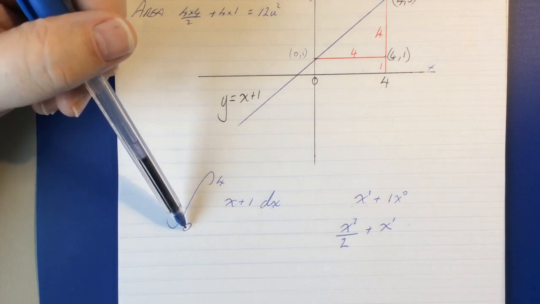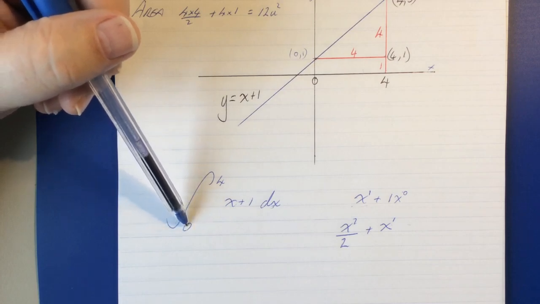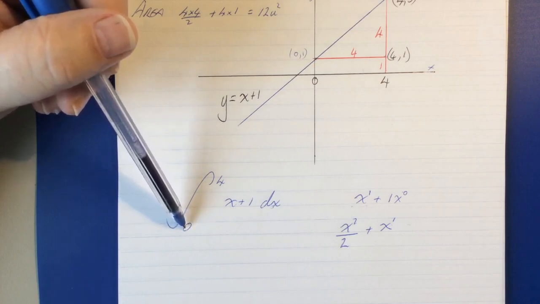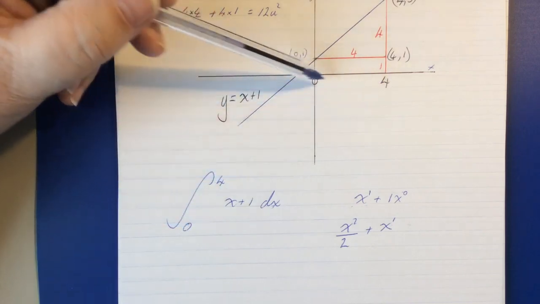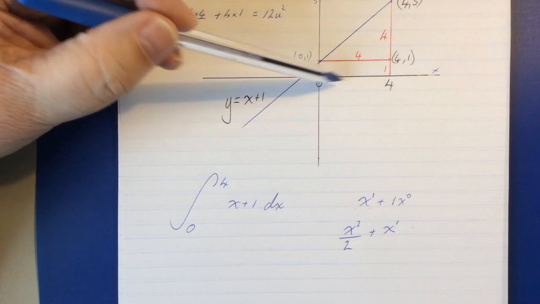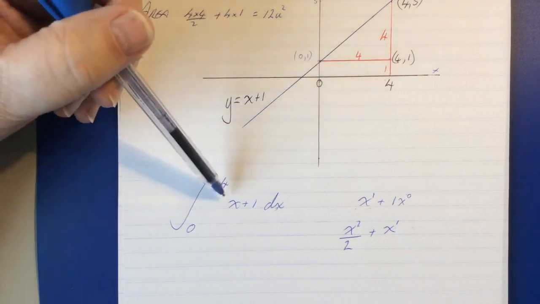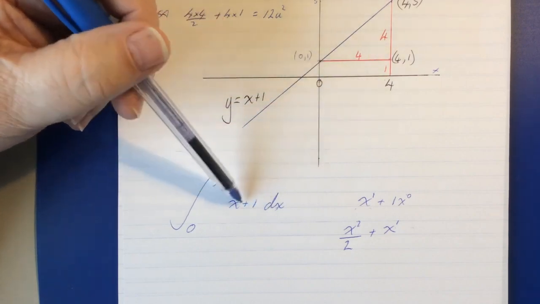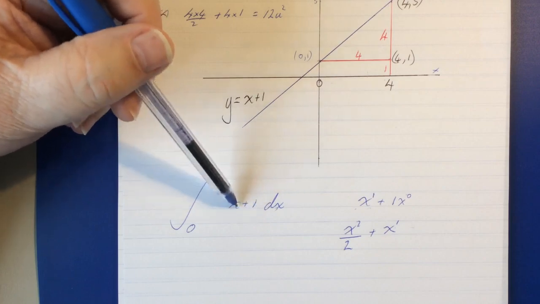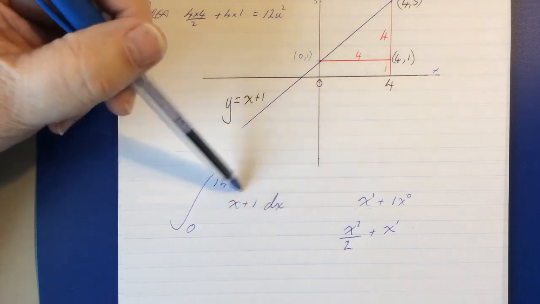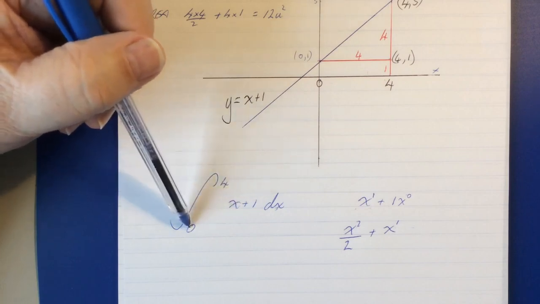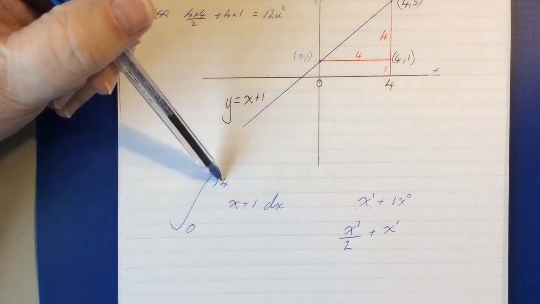Now, the idea of a definite integral is that we're interested in points between something here and something here, which is replicated here. So we're looking for the value of the definite integral of x plus 1. So that's what this notation is, between the points 0 and 4.